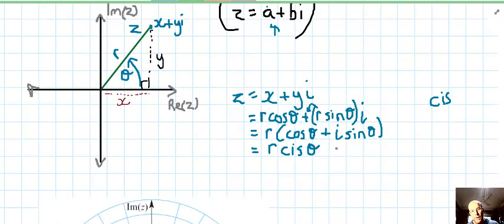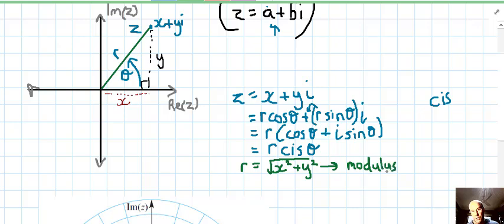As with 2D vectors, we have r is able to be calculated using an application of Pythagoras' theorem. So r is the square root of x squared plus y squared. Now the name for r is the modulus. So the length of that line corresponds to the modulus. In vectors, we would use the word magnitude.